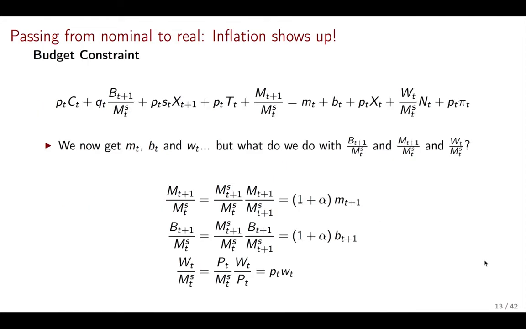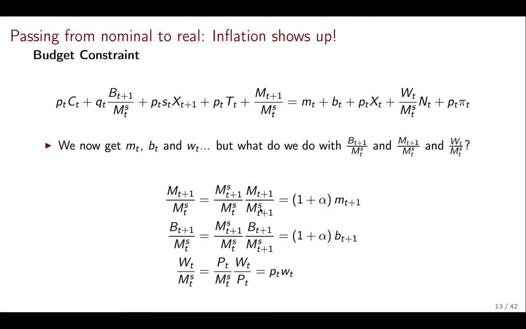So what can we do? Well, this is what we can do. M_{t+1} over M_t^s, you can multiply and divide by M_{t+1}^s. By multiplying and dividing by these variables, you've done nothing, but now you can group the two terms. This first term is just the growth of the money supply. And that we know from the monetary rule of the government. So this first term is 1 plus alpha.